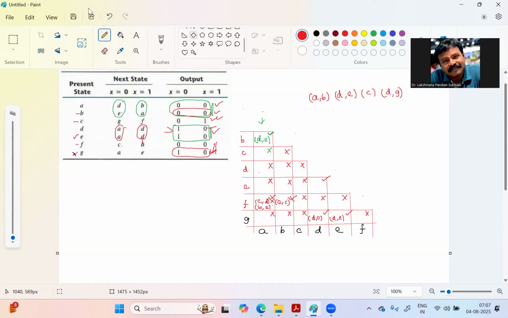And then here EG is a pair. And F cannot be paired. So in that one, DE, DG, EG. So these three are there.